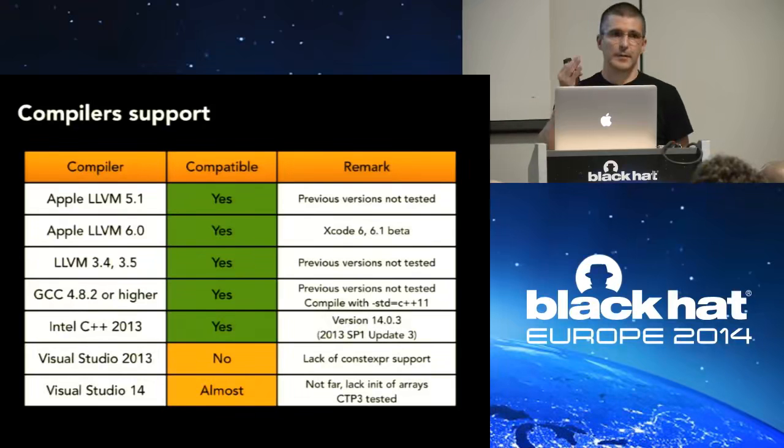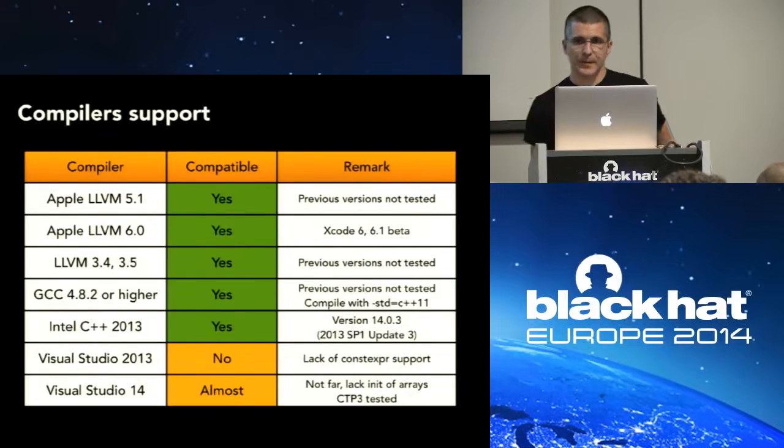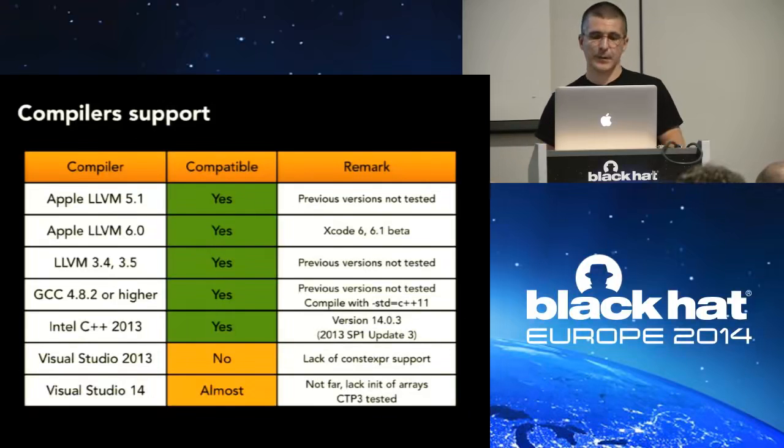C++11 is a major version in the history of C++. They have changed a lot of things, but they are not far. I've not checked the latest community preview of the future version of Visual Studio 14. There is just a small detail which is not working. And if they are able to support that, it will be possible to use the obfuscator with almost any compiler.